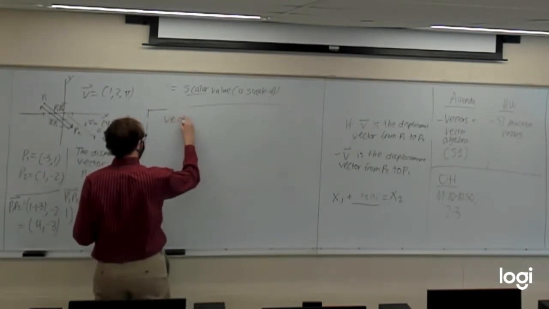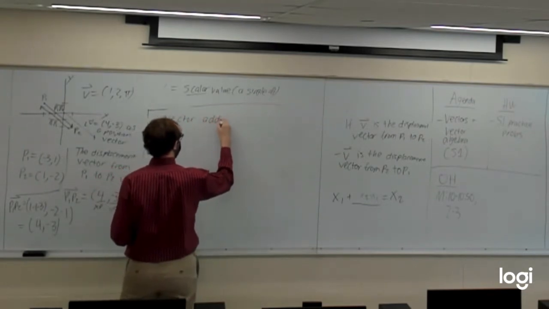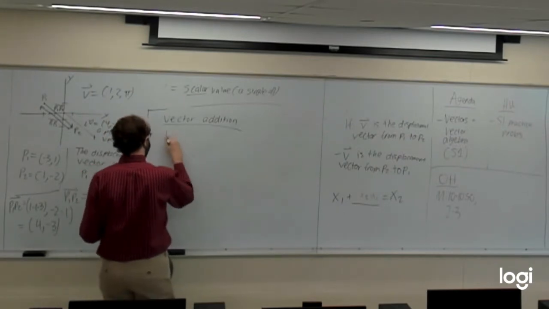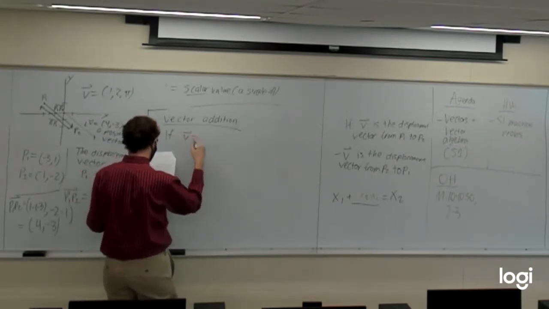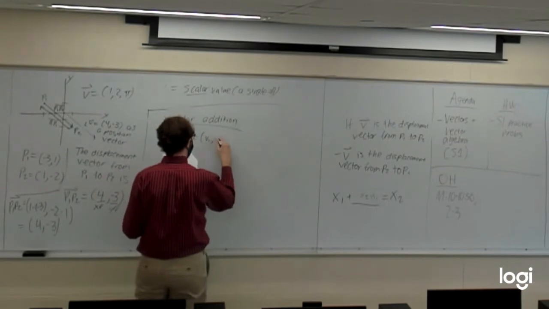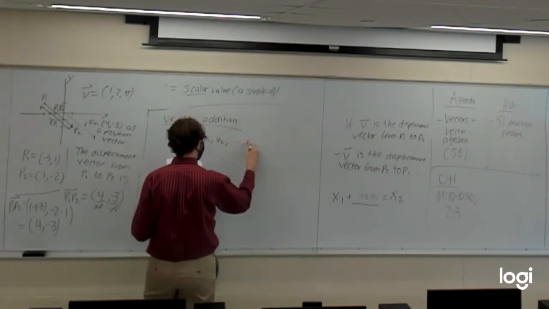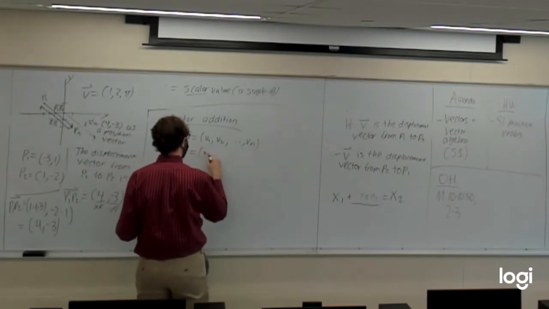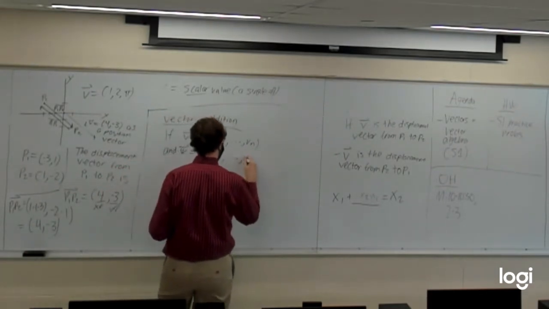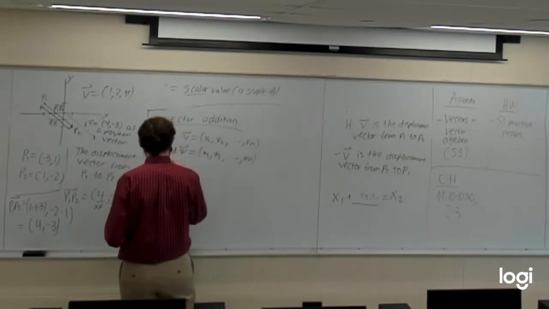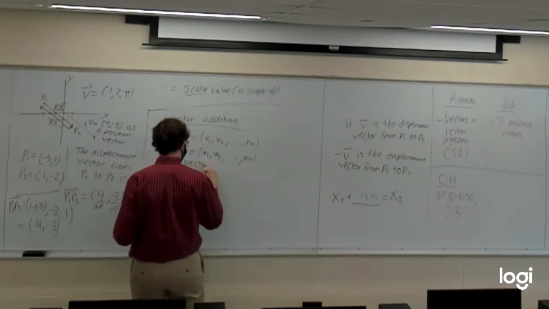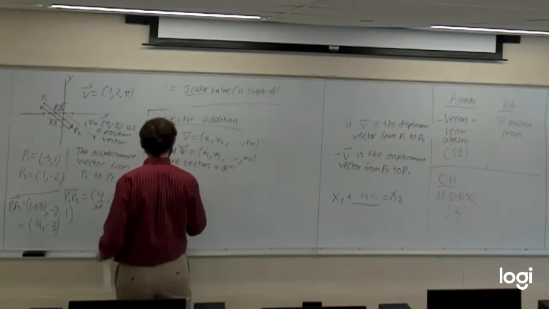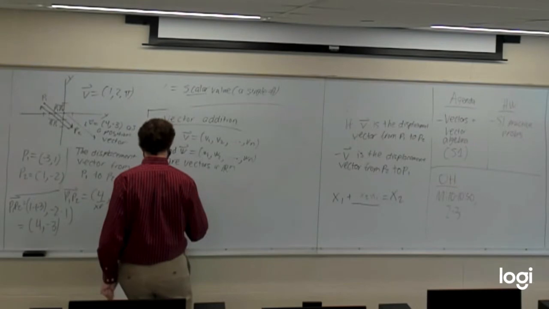So if we start with vector addition, we can say that if a vector v is equal to (v1, v2, up through vn), and w is equal to (w1, w2, up through wn), are vectors in Rn, we can make a new vector, which I'll call vector v plus vector w.